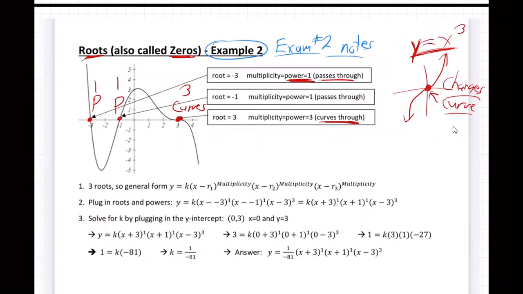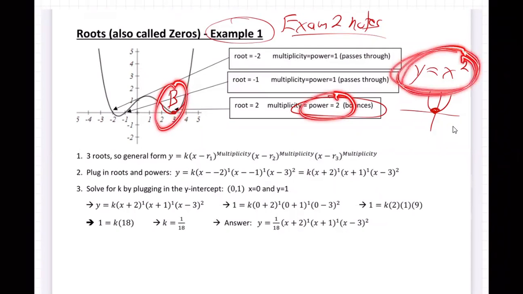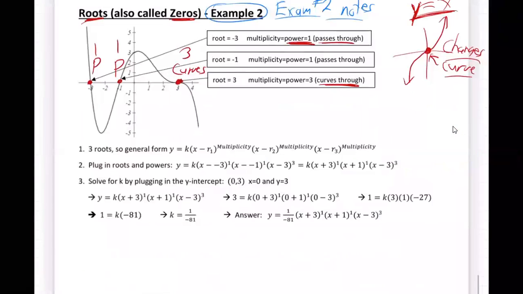So we have 3 different things that can happen. You can pass straight through a point, that's just first power. You can bounce, like bouncing a stone on the water. You can bounce off the x-axis. That's a bouncing point, that's x squared, second power, just like x squared is. And then the weird thing is you can curve through the point.